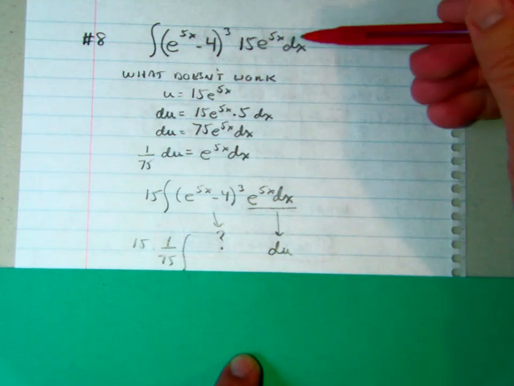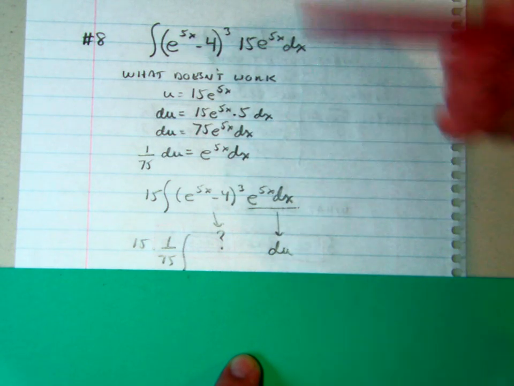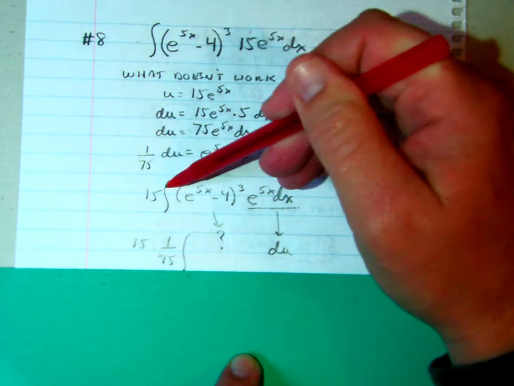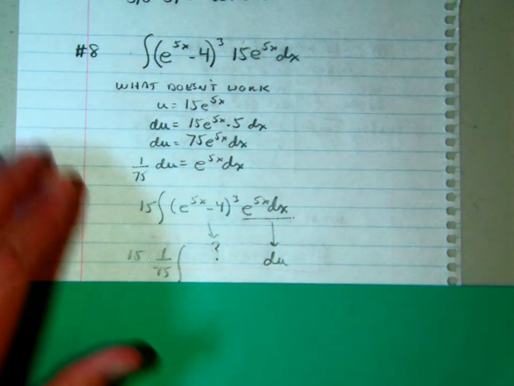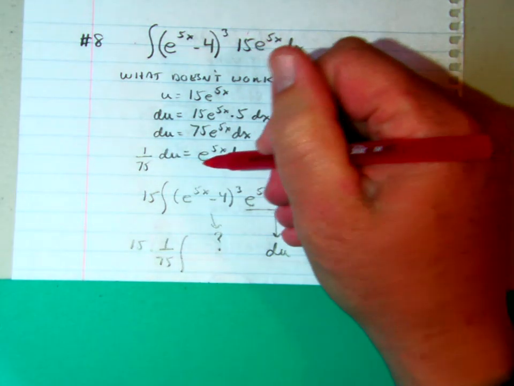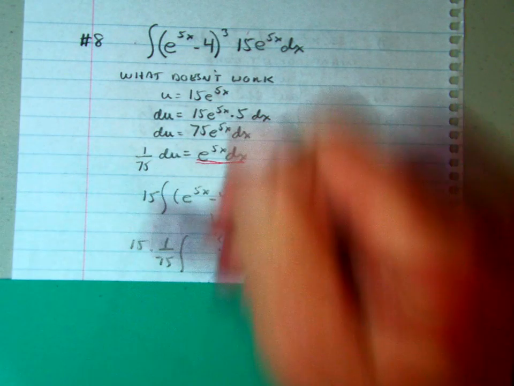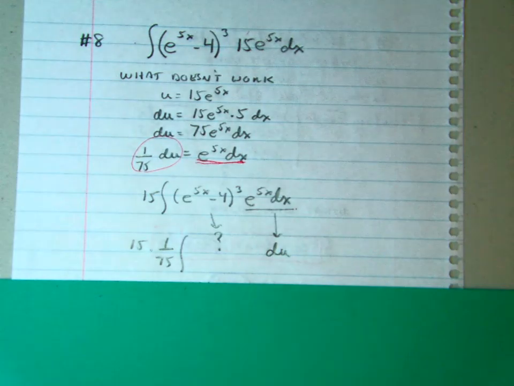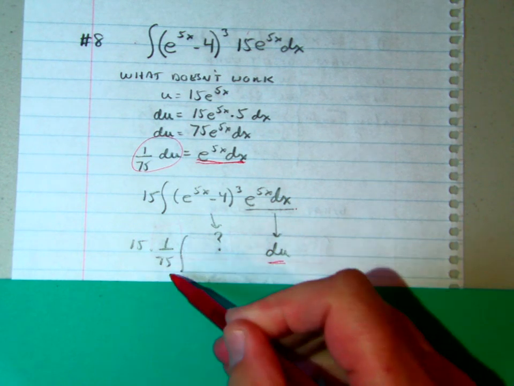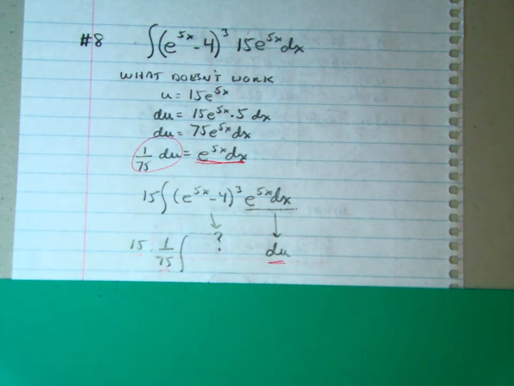All right, now comparing the original to what I wrote here, another thing we know from doing a lot of these is that constant, very often we like over here. So I'm going to take that 15 and put it to the outside. Now if I try to do the substitution here, we've got e to the 5x dx, we can replace with 1/75 du. So I'm going to put the 1/75 outside, and we have that 15 from this step right here.